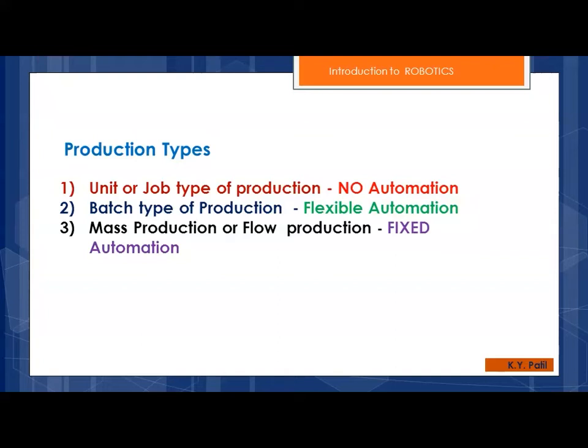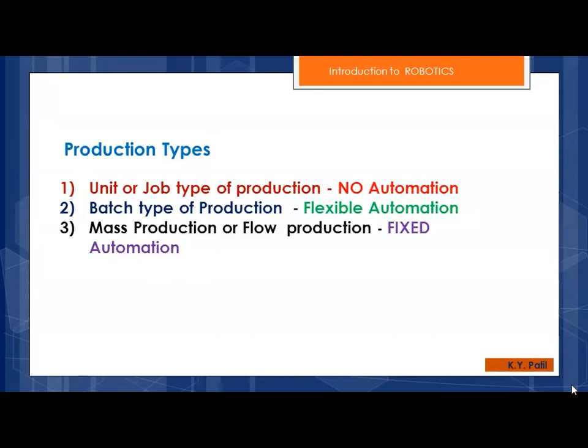In piece production, we have several designs, and for each design we have to manufacture a small number. In batch production, we have a few designs, and each design we produce in a few numbers. In mass production, we have only one design, and that particular product is to be produced in a large number.